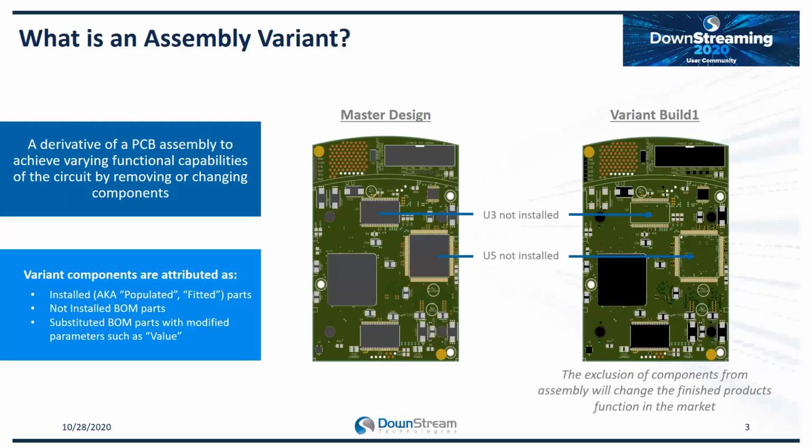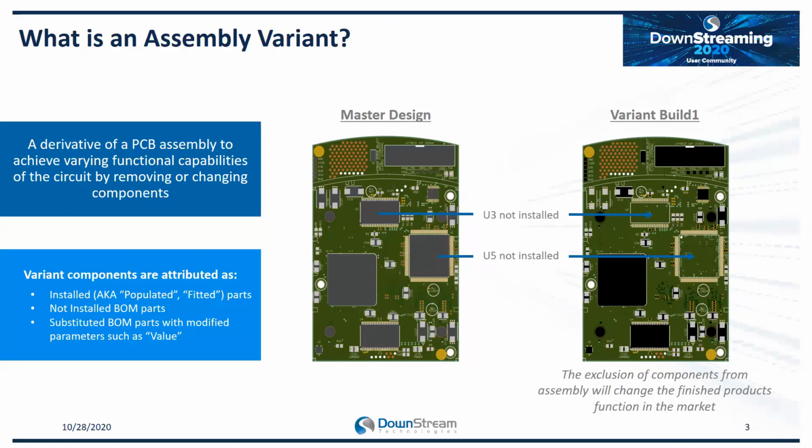And the variant components, the variables, can be marked or attributed or identified as installed, also known as populated or fitted, and there's probably even more terms for it out there, but those are the ones I hear most frequently.